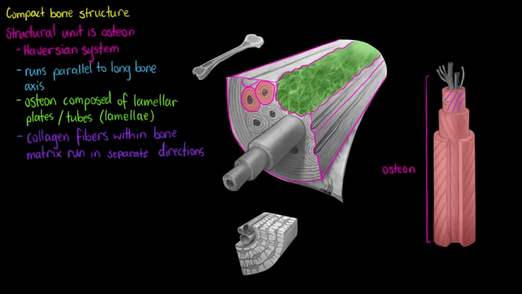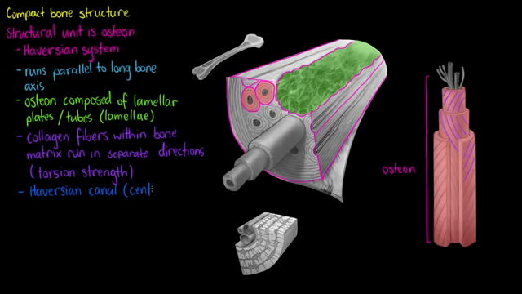So we can see them running in one direction here, these collagen fibers, and in the next lamellar plate, they're running in a separate direction. This feature of the collagen fibers running in separate directions to each other in each lamellar plate is going to give the osteon great torsion strength or resistance to the stress of torsion or twisting forces. And this is why the osteons are sometimes referred to as twister resistors. So you can remember that term, twister resistor.